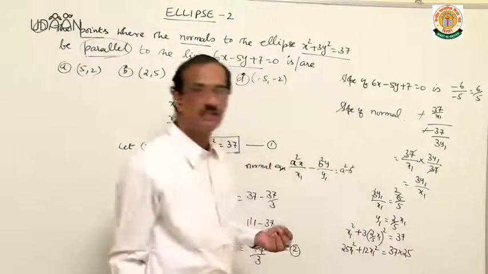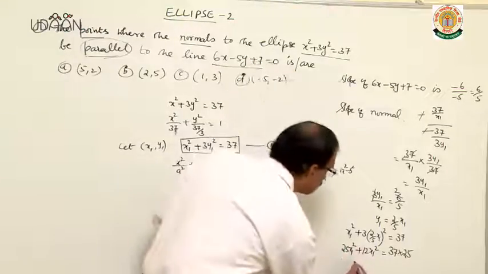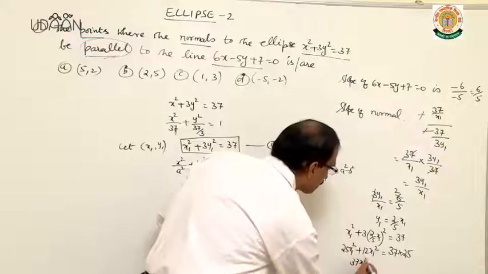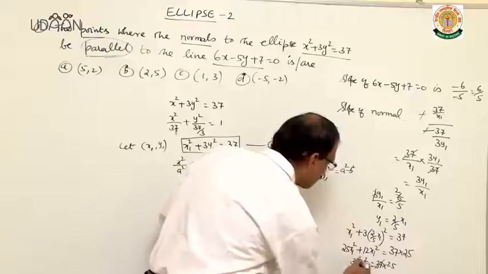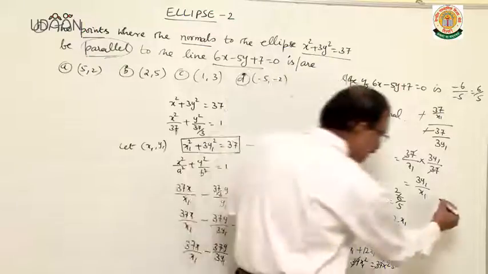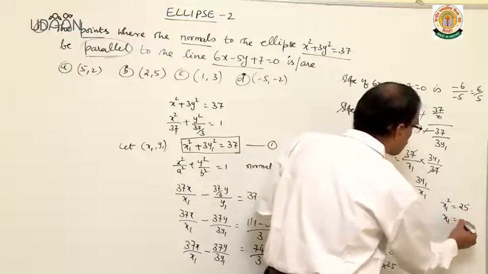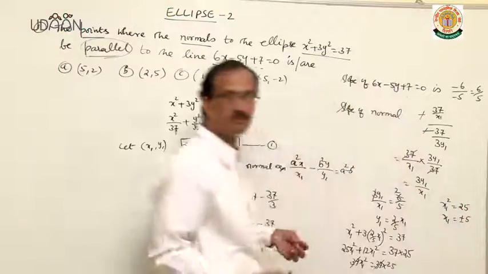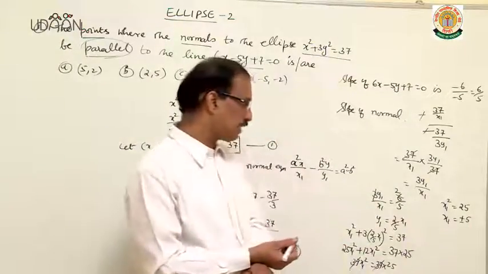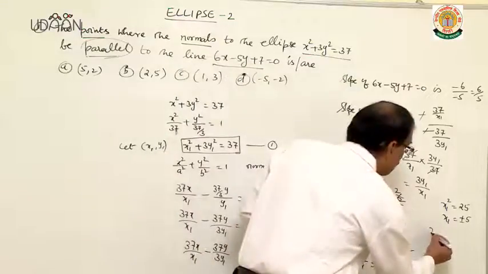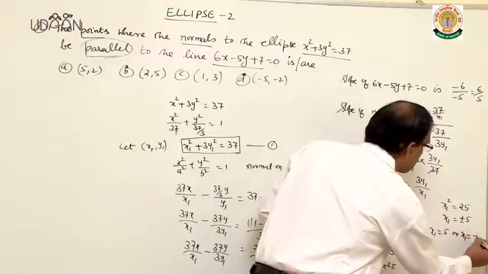This gives 37 x1 square equals 37 into 25. This gets cancelled, so x1 square equals 25, or x1 equals plus minus 5. So x1 can be 5 or x1 can be minus 5.